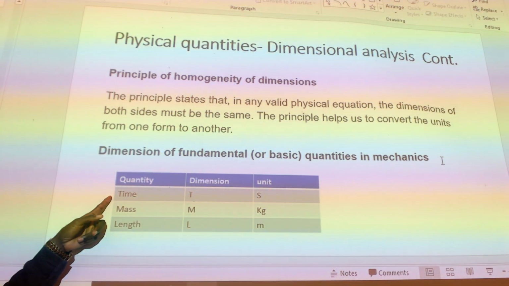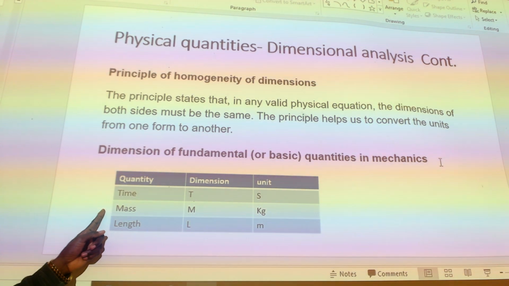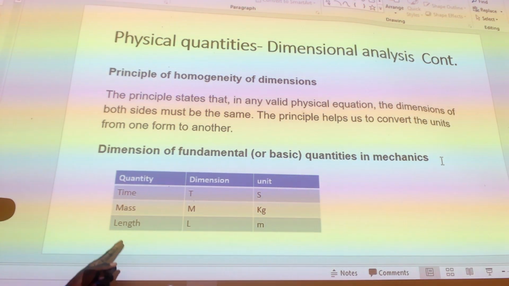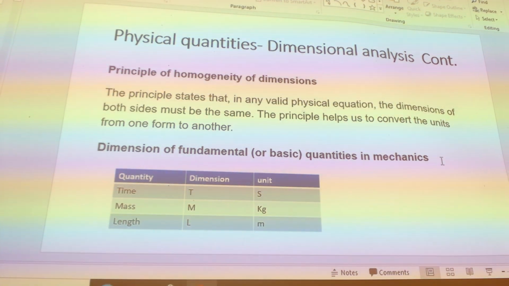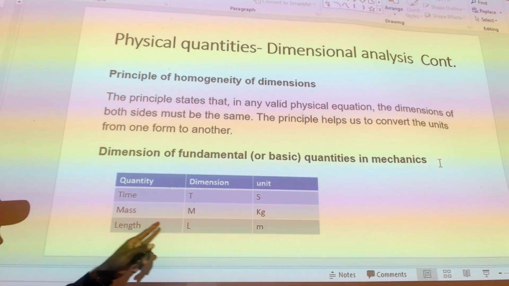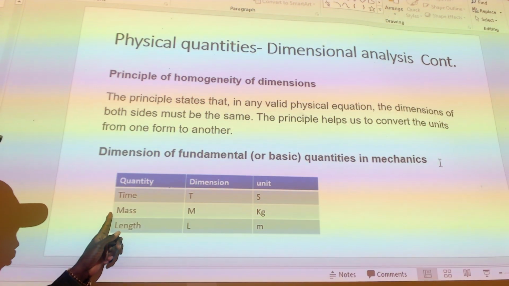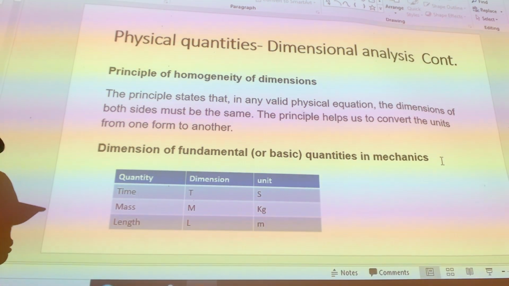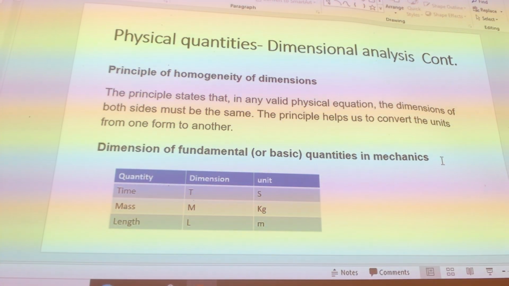Since time starts with t, the dimension of time is T. Since mass starts with m, the dimension of mass is M. Since length starts with L, the dimension of length is L. And what about their units? Time is measured in seconds, which we represent as s, mass is measured in kilograms, which we represent as kg, and length is measured in meters, which we represent as m.